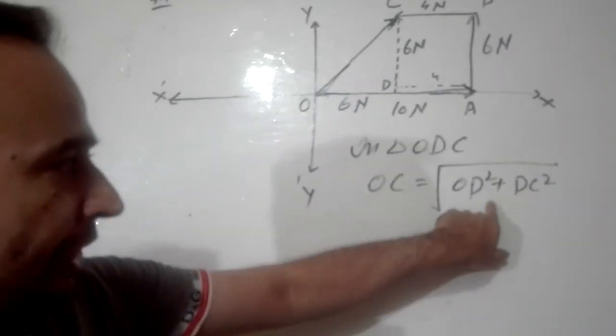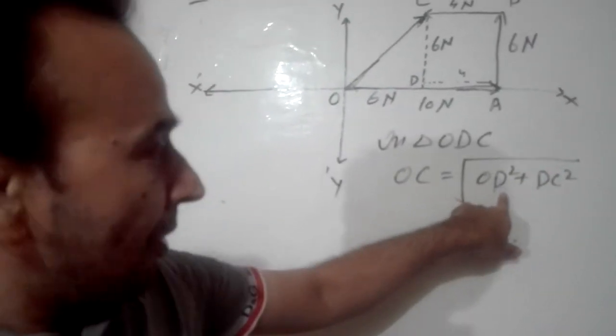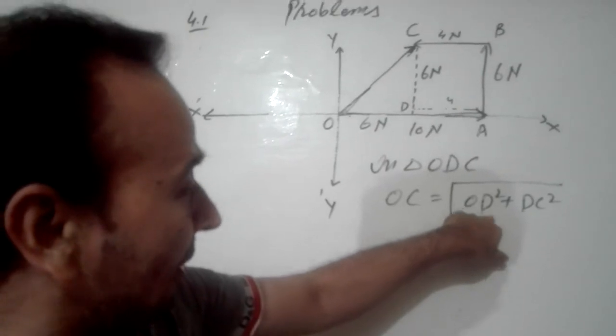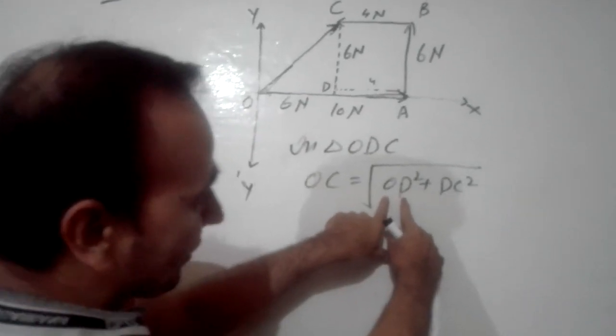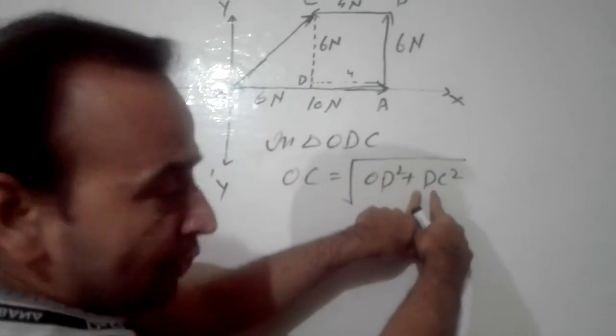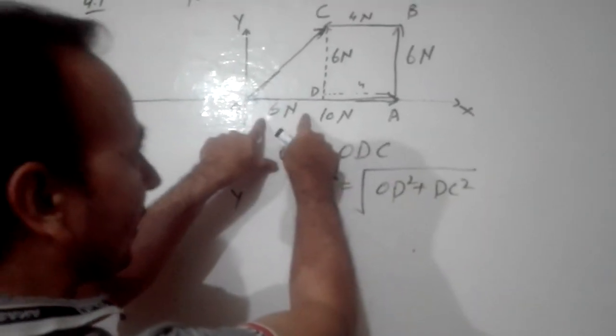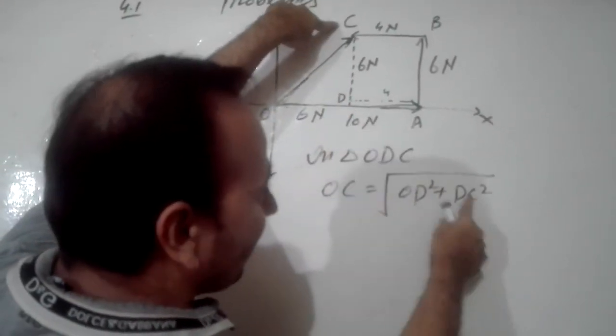This is the same thing which I told you. Remember how to find the magnitude of the resultant: sum of the horizontal component squared plus sum of the vertical component squared. OD is the horizontal force, DC is the vertical force.